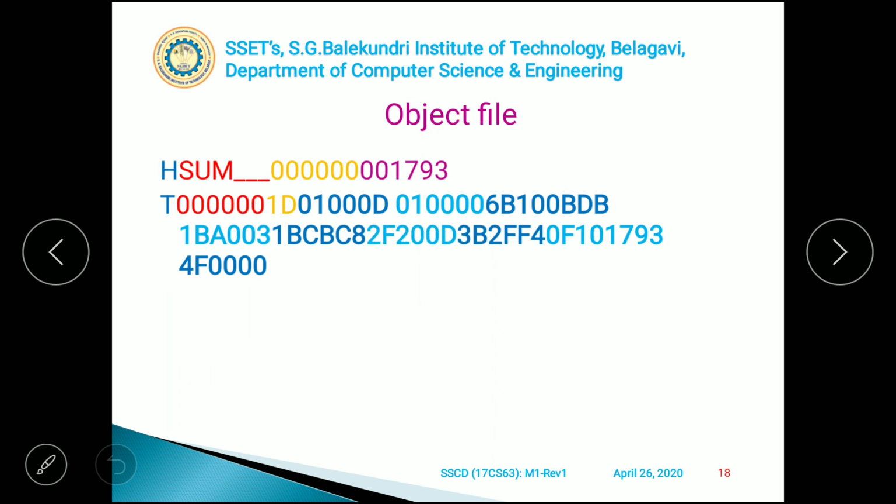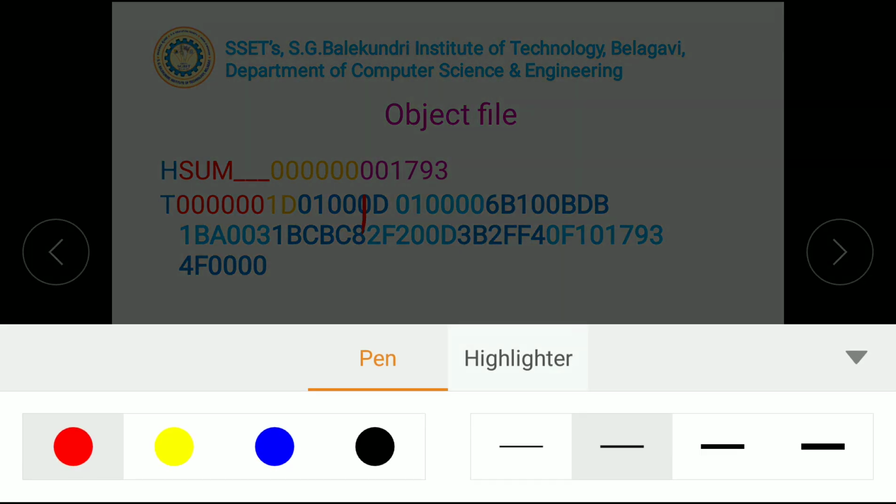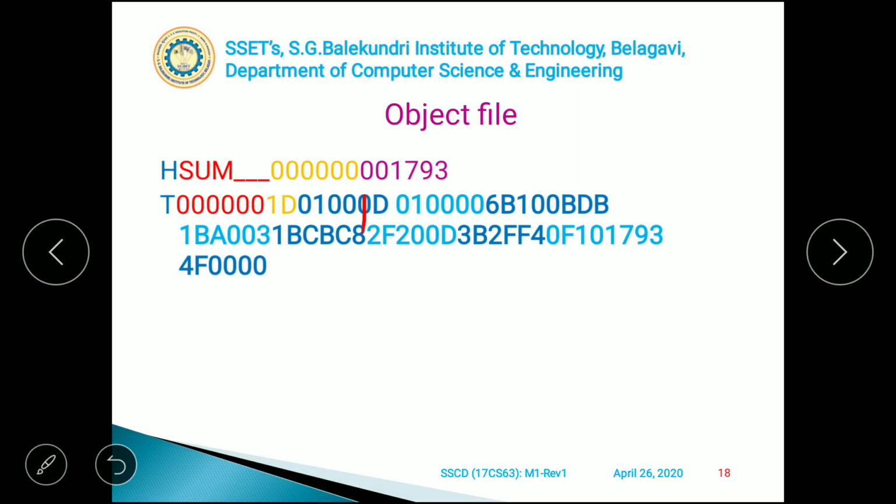When you are writing the first instruction, this can be written as 1. Then again the next 6 hexadecimal digits, or you can call it 3 bytes. So every time you can take the object code like this and keep on adding up to 30 bytes. So this is your object code.